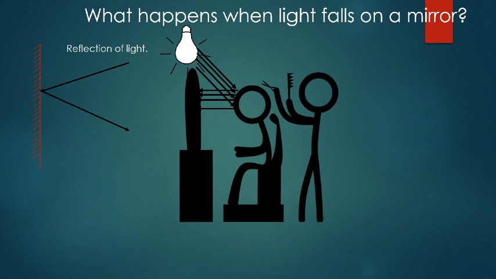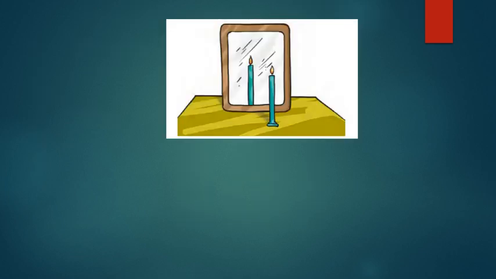When the object is placed, for example, this is an object, in front of the mirror, this is a mirror, we see its image. Now recall, when we stand in front of the mirror, we see our complete image inside the mirror.